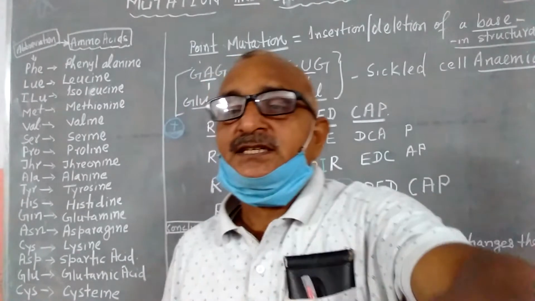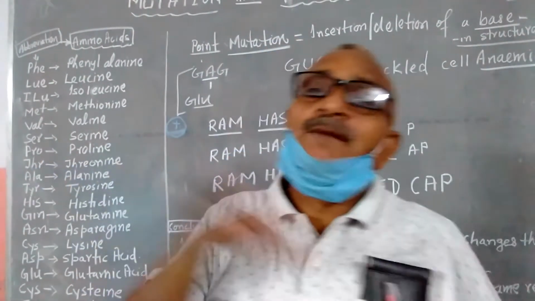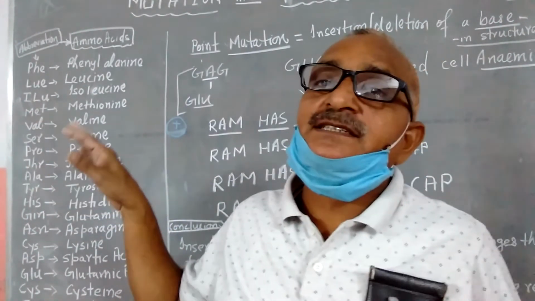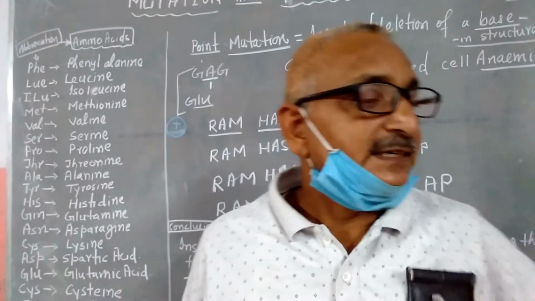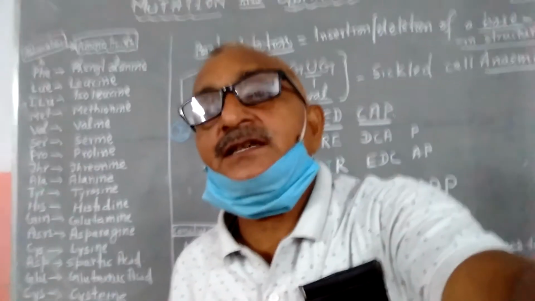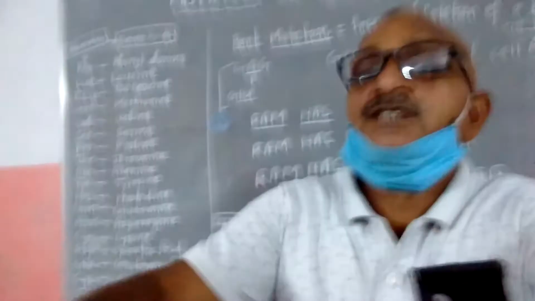Another important thing I have left in the genetic code. In the NCERT book it is also written what the triplet codes are and what their abbreviations for amino acids are. You just observe: PHE, LEU, ILE, MET, VAL, ASP, GLU, etc. These are the abbreviations for different amino acids.